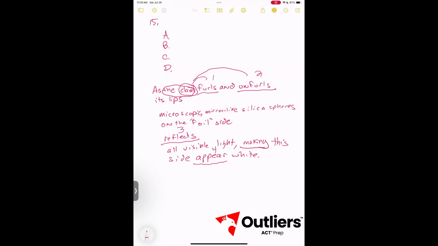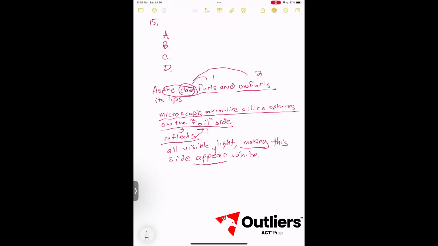Now, this second verb, reflects, has a much longer subject. This entire thing is the subject: microscopic mirror-like silica spheres on the foil side. That entire thing is the subject.